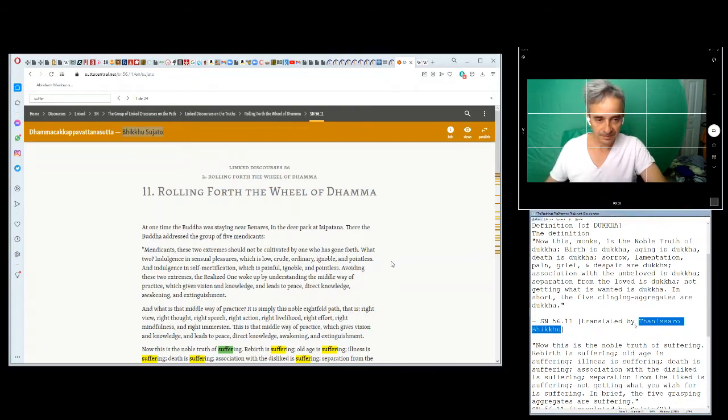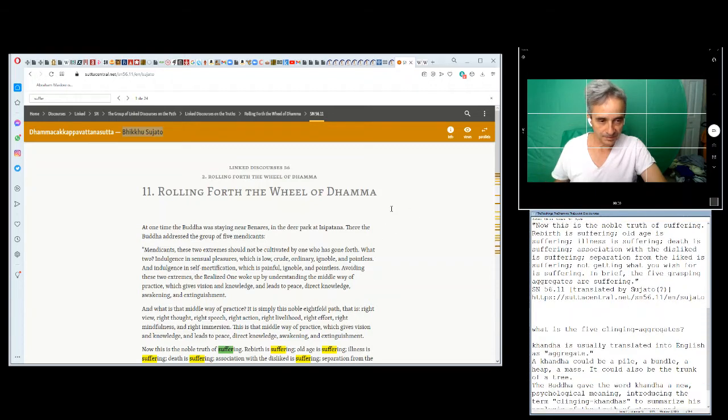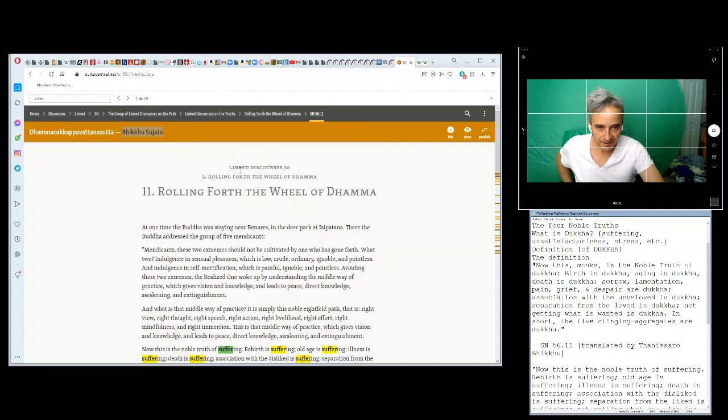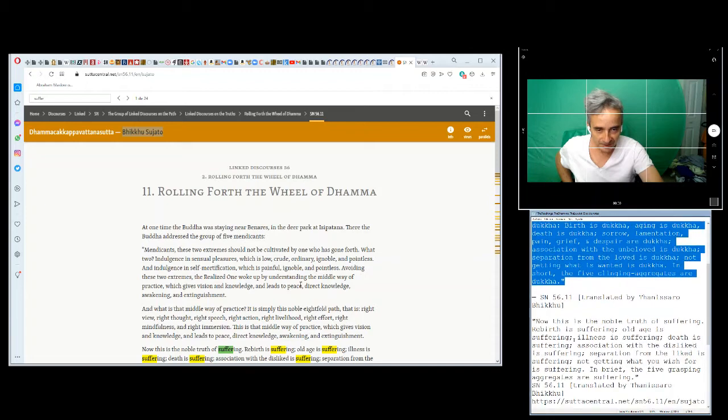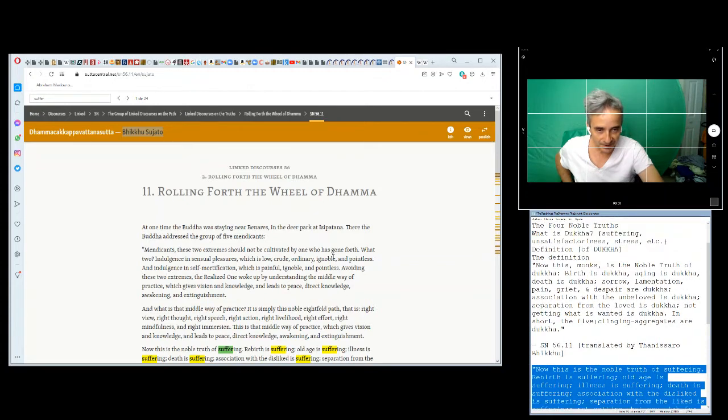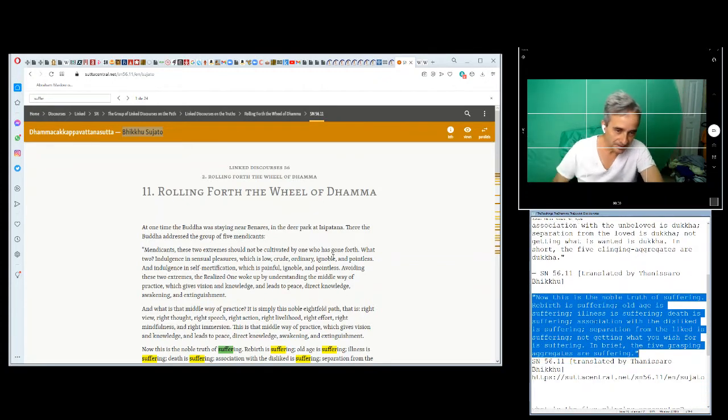The first one we looked at is by Tanisaru Bhikkhu, and the second one is by... oh, I didn't copy it. Copy. Paste. Now it's working. Right, Bhikkhu Sujato. Okay.